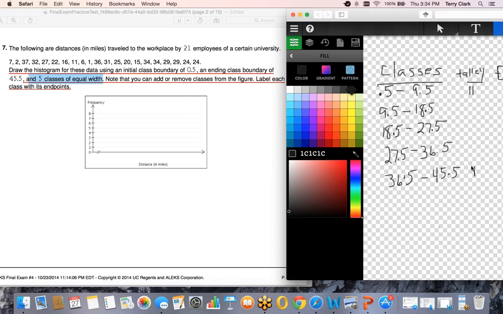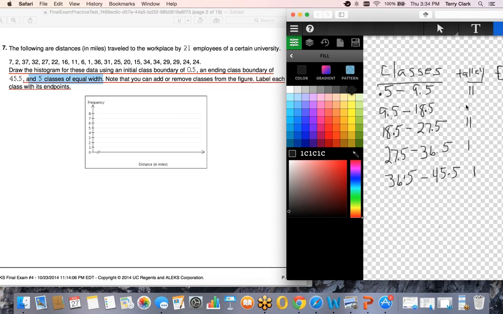The 32 is in the second to last class. The 27 is in the middle class. The 22 is also in the middle class because 22 falls between 18.5 and 27.5.